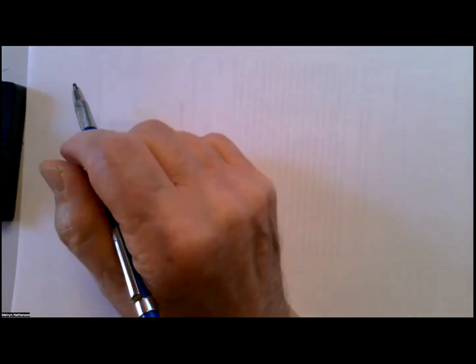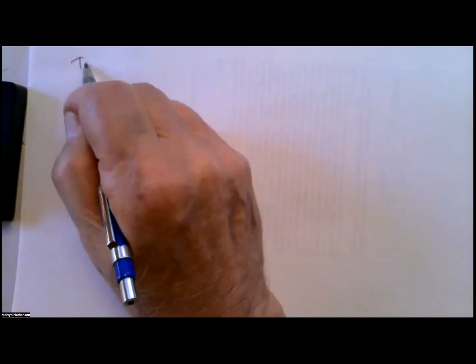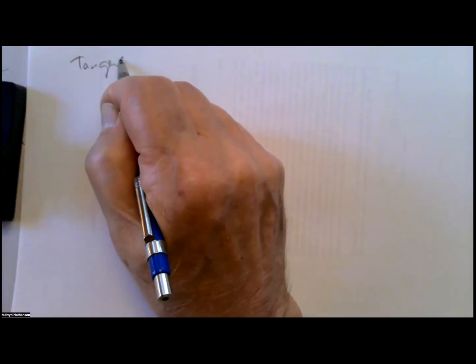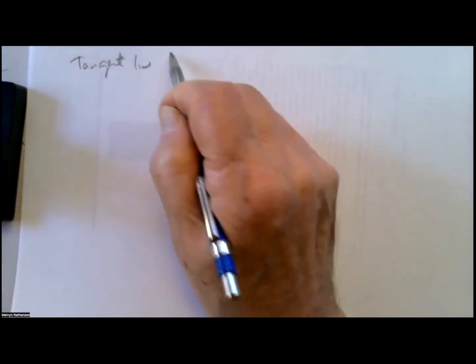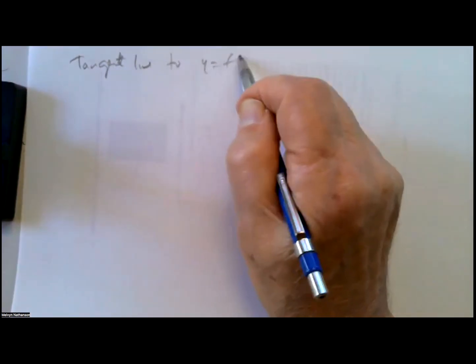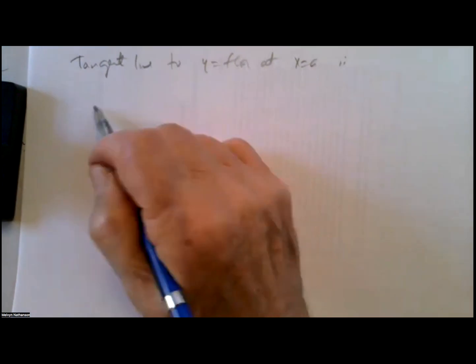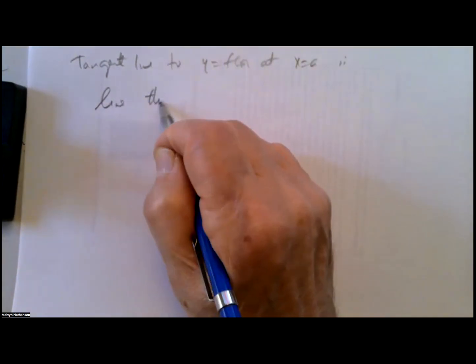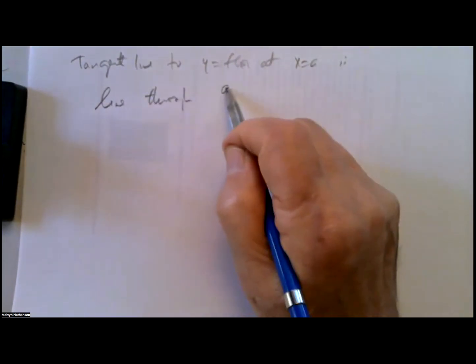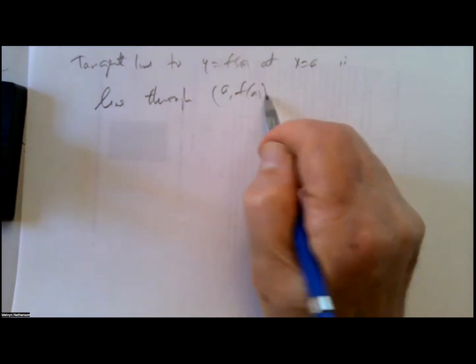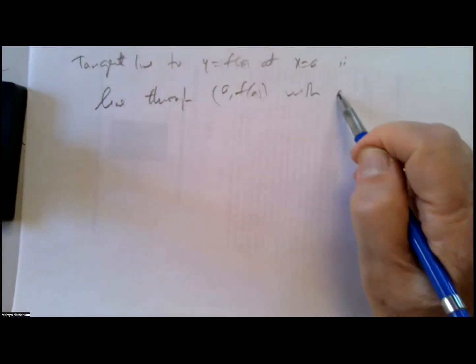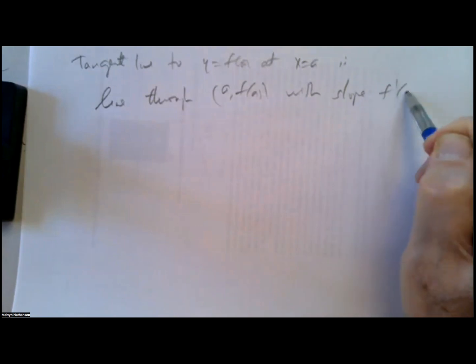So to find the tangent line, remember the tangent line to y equals f of x at the point x equal a is what? It's the line through the point a comma f of a on the curve with slope f prime of a.